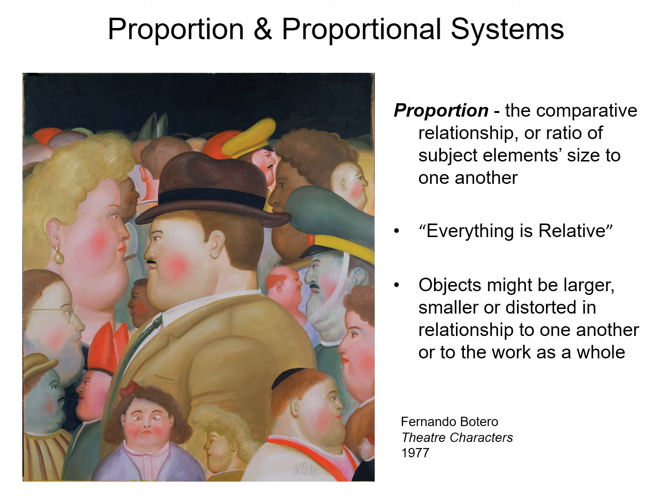Talking about proportions, again, is a relative exercise. We're talking about the size of things compared to other things within perhaps the same picture plane, and whether or not we consider those proportions to be normal as we expect to see them in actual reality, or perhaps they've been distorted.